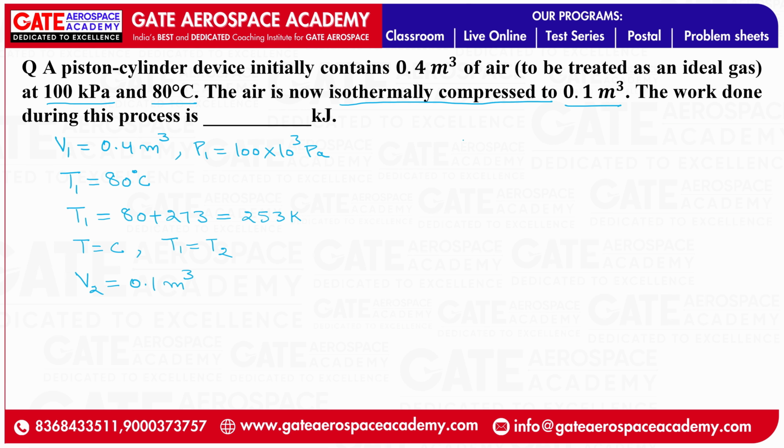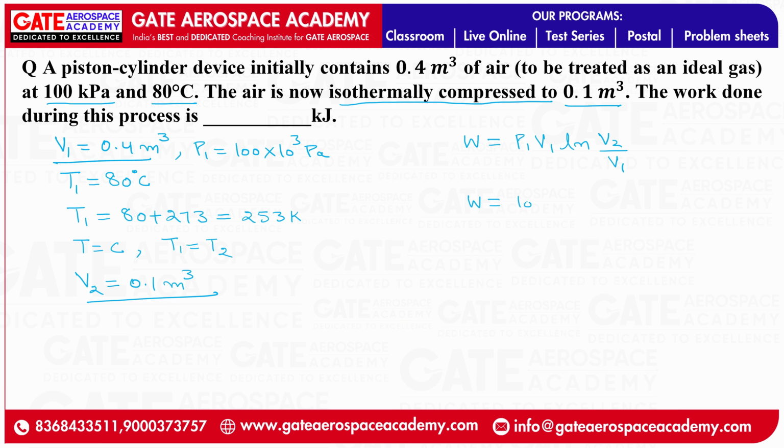So again for isothermal process, the work done formula is P1 V1 ln. Now we have V1 and V2 both, so we can apply the formula in terms of volume ratio, ln V2 by V1. Now we can substitute the values.